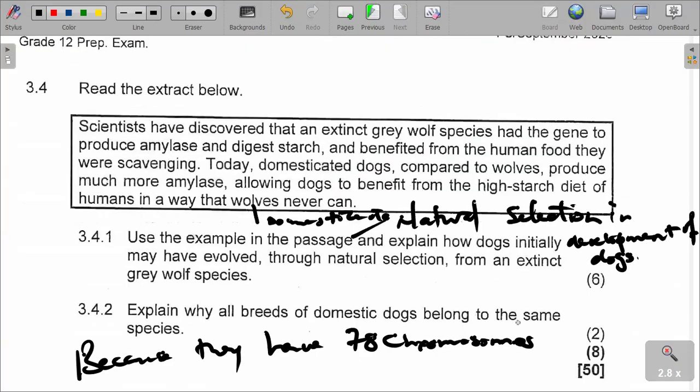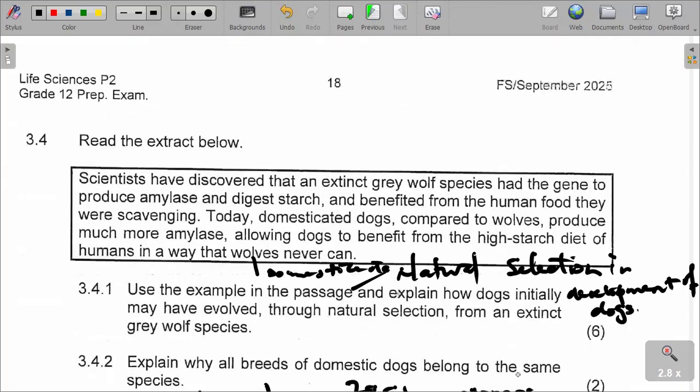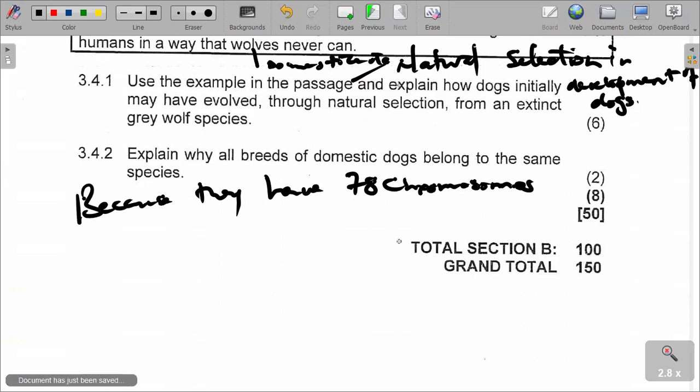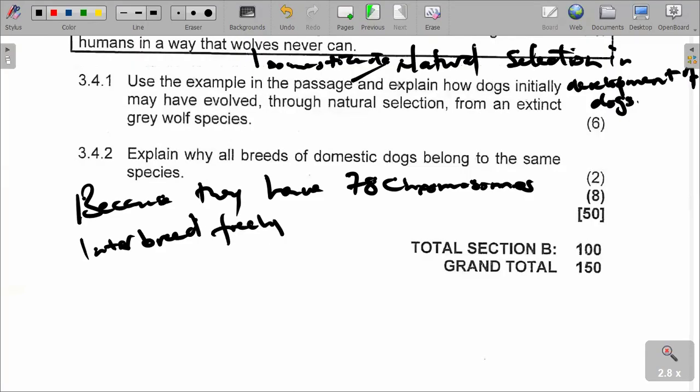All dogs have got 78 chromosomes. So they interbreed freely, and produce fertile offspring. They continue to produce fertile puppies.